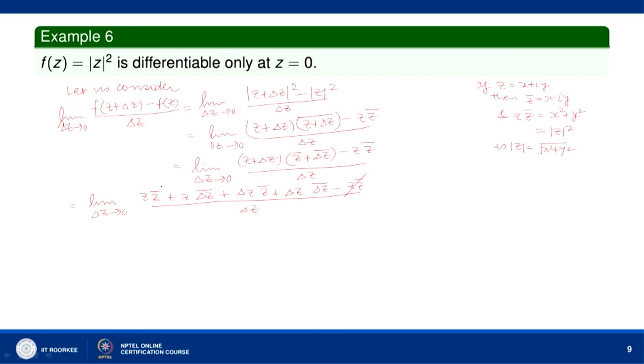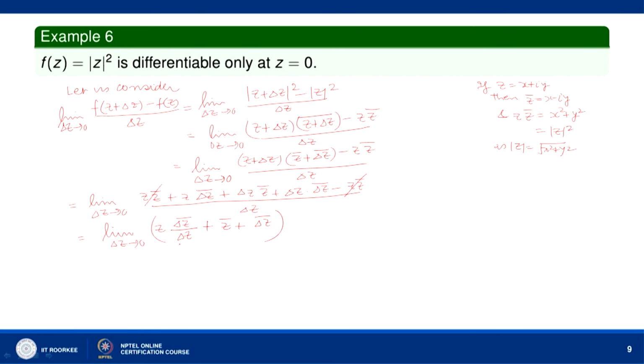Now, this term will cancel with this, and dividing by delta z, we have z times delta z conjugate divided by delta z plus z conjugate plus delta z conjugate.